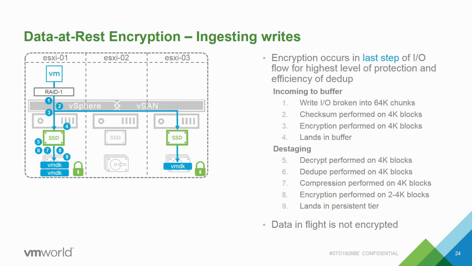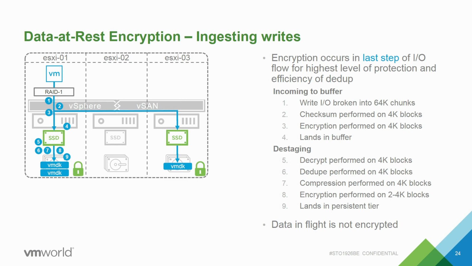Now, vSAN encryption came out in vSAN 6.6, and a quick thing to note in terms of the I/O flow is that the data is encrypted at rest at all times. The data is encrypted before it goes into the write buffer. It's decrypted when it comes out to memory to destage, and while it's in memory we apply our deduplication and compression, and then it's re-encrypted before it goes back down.